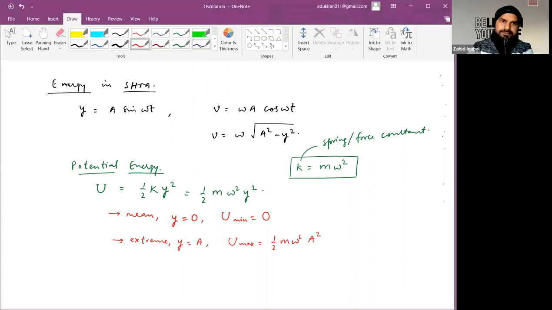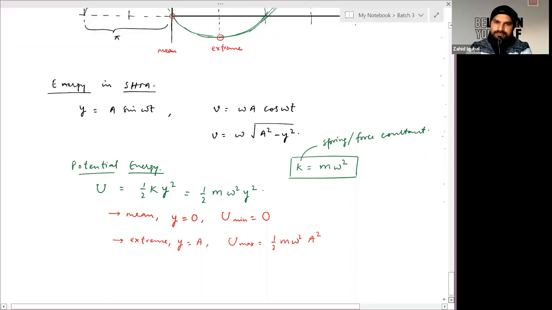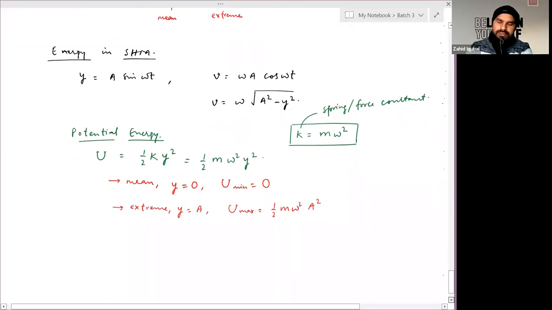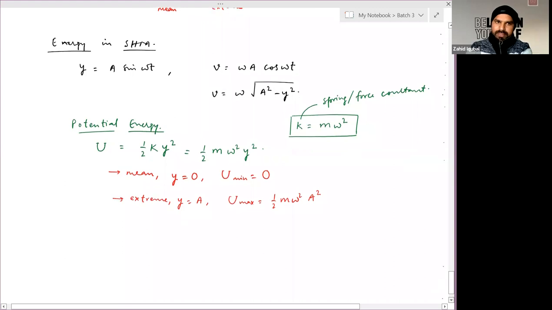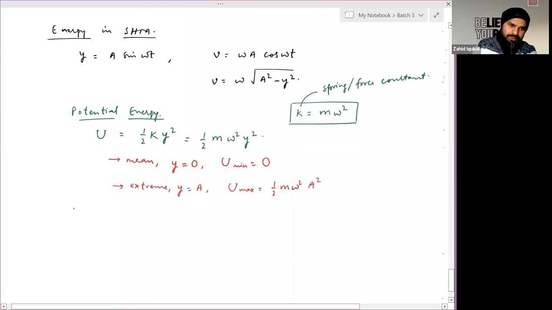Next, we have to define potential energy in terms of the time-dependent equation. So again, we can say potential energy equals half m omega squared y squared. In place of y, we may write its general equation a times sine omega t. So it will become half m omega squared, in place of y put a times sine omega t.